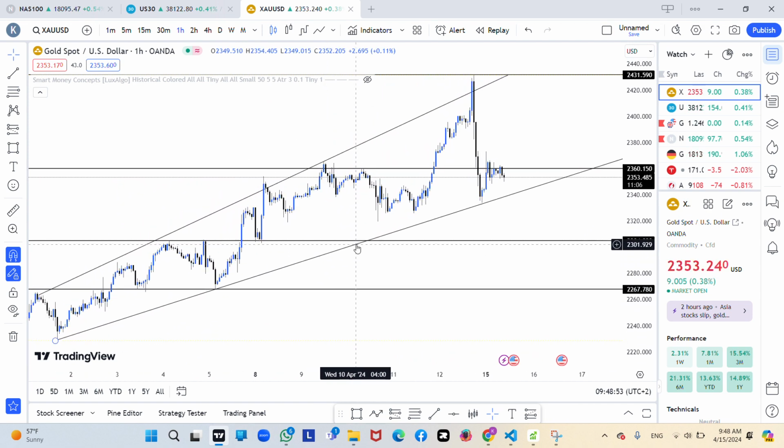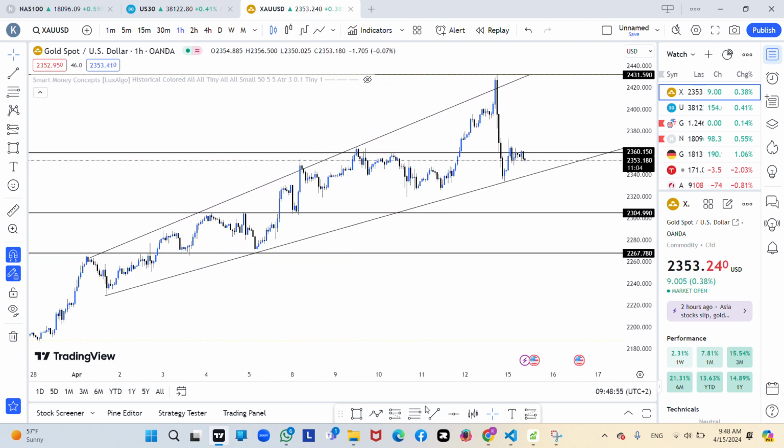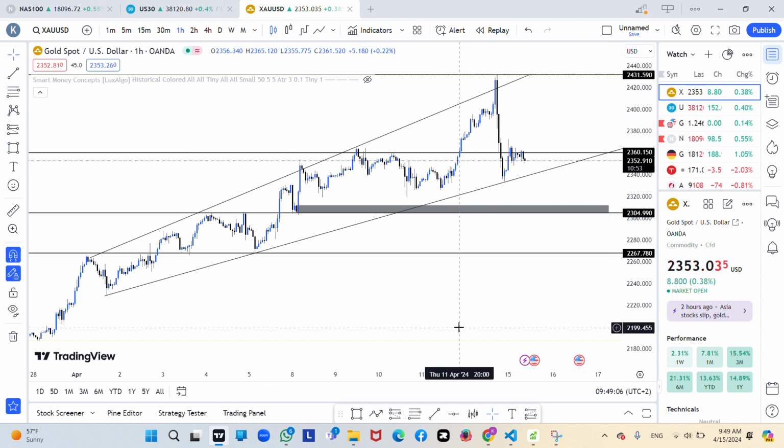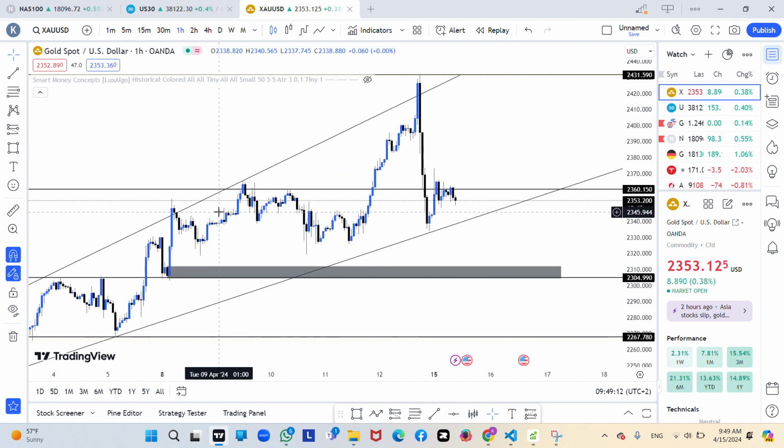On our previous gold setup, we identified this demand right here, which was left unmitigated, and it's a strong demand because it's in confluence with a support zone.